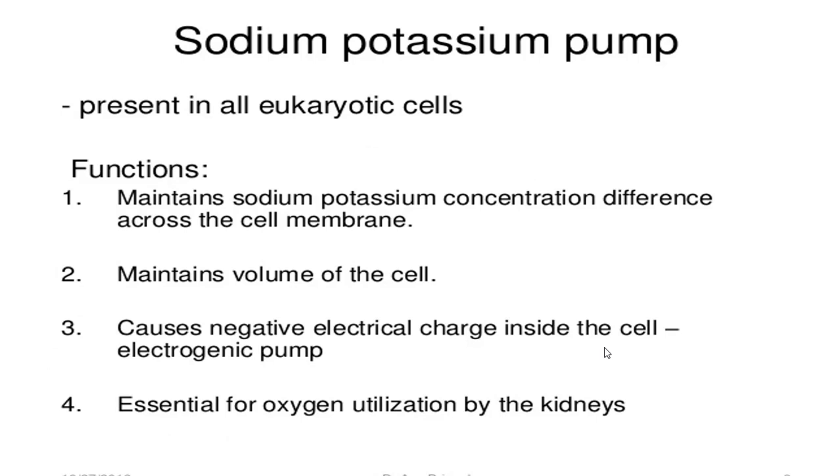And here you see that by that way we have got the name sodium potassium pump. So you must know at least the function of this one. First and very important function of the sodium potassium pump is to maintain different sodium and potassium concentrations across the cell membrane. When we study the action potential in the next chapter on nerve and muscle, we will see that when the action potential arrives, it causes sodium to move inside the cell, and for repolarization potassium moves out.